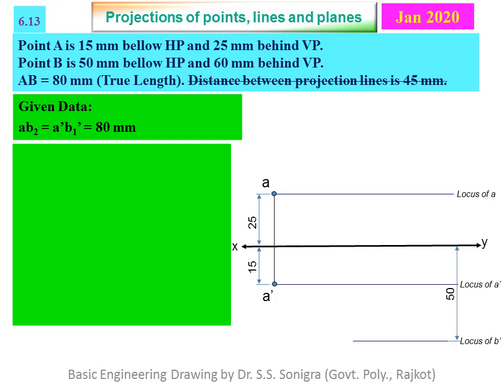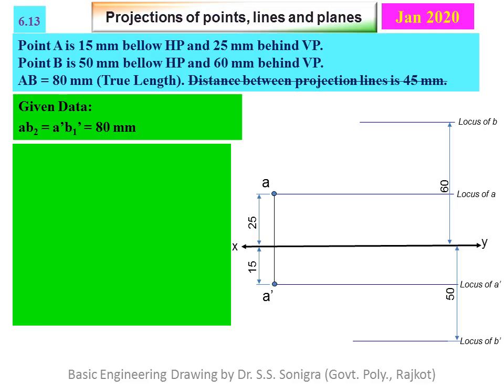And point B is 60 mm behind VP, hence we can draw locus of point B above XY line at a distance of 60 mm like this. We don't know where point B and B dash are, but obviously they will be on these locus lines.